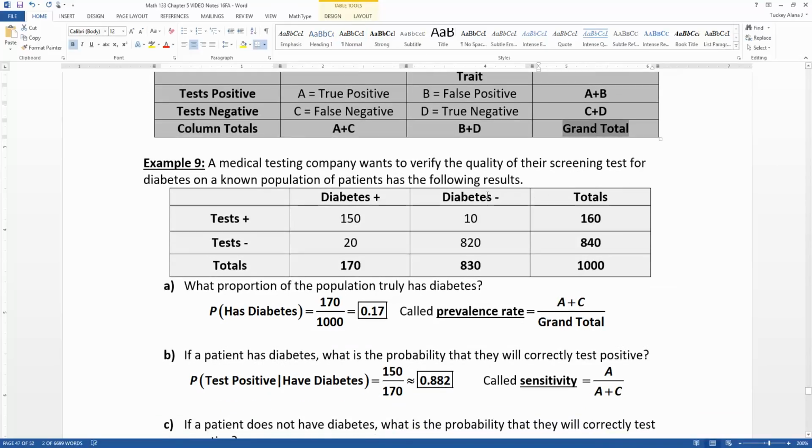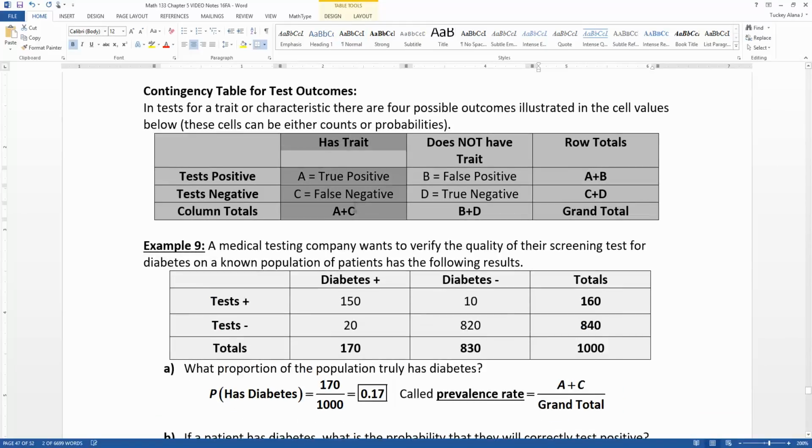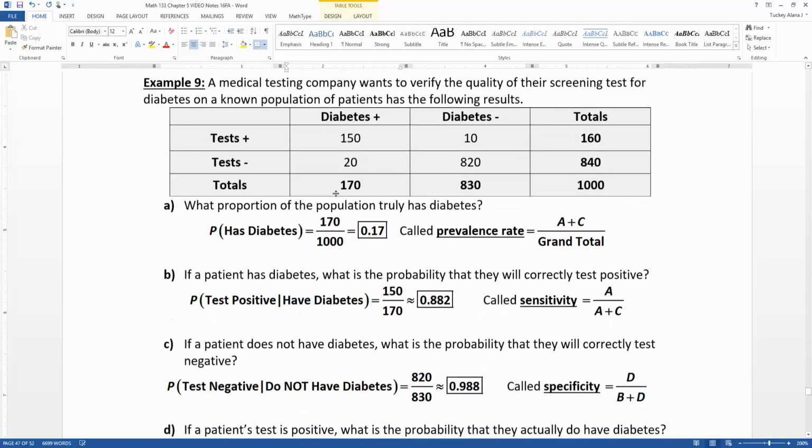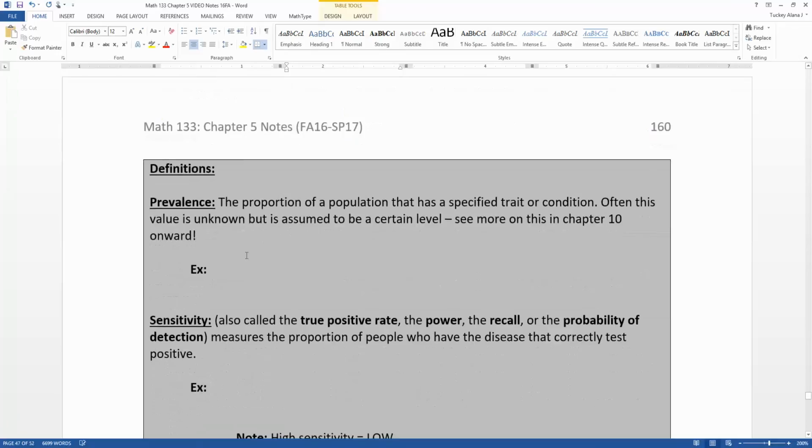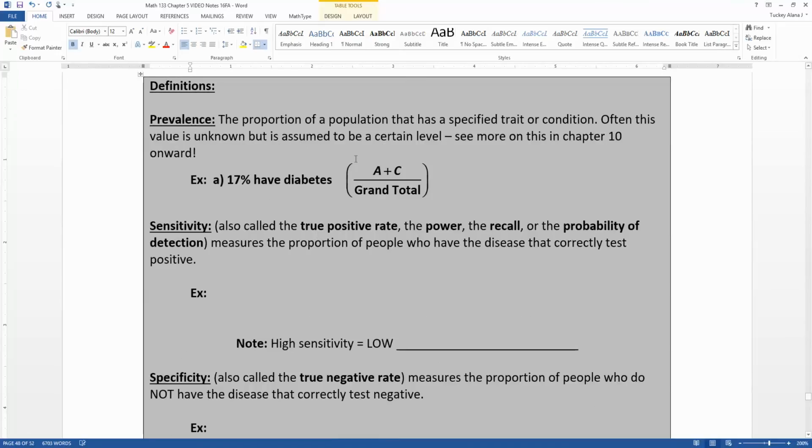That's your prevalence rate, right? The percentage of your population that either you know has your trait or disease or whatever you're looking for, or you assume it to be a certain value. So in our example, it was letter A. And we found it by using A plus C and dividing it by the grand total.